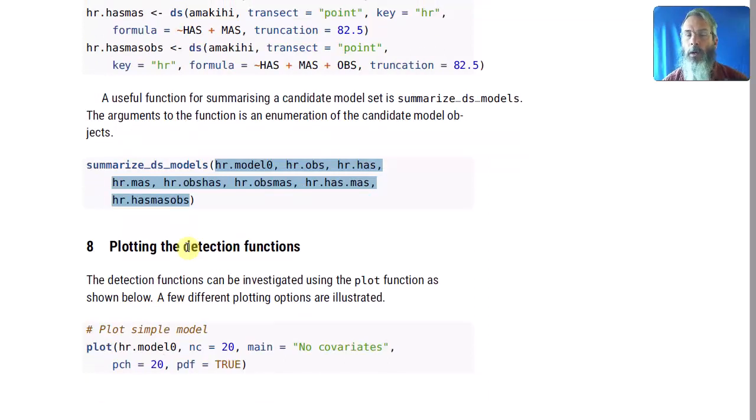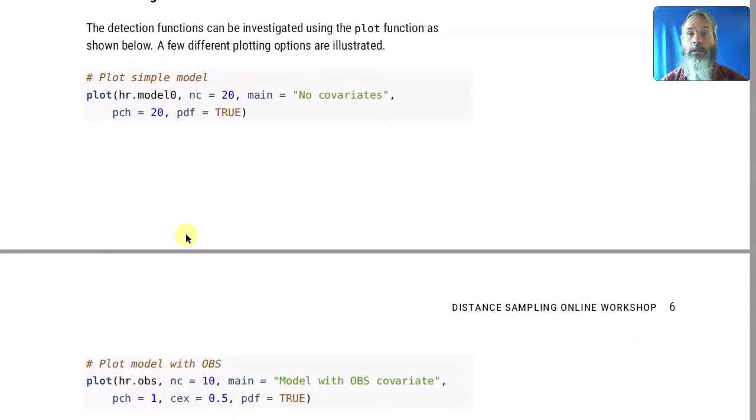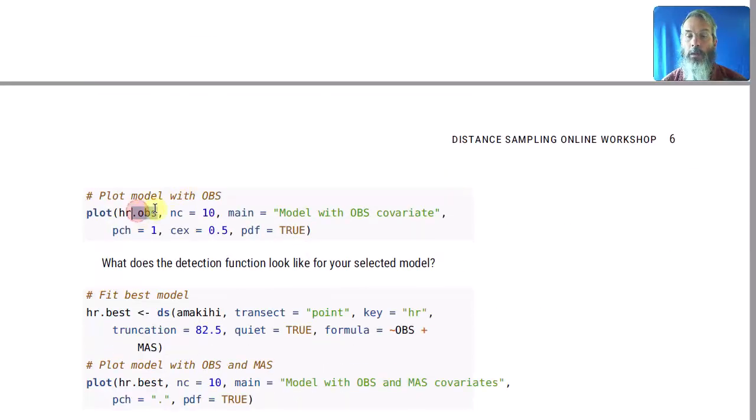At that point, we'll probably do some model selection work, and we can then start to contrast the shapes of the various detection functions fitted to these data. So here's the model without any covariates. Here's the model with observer as a covariate.